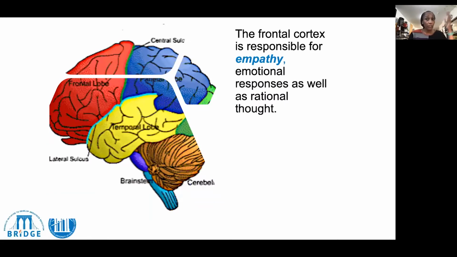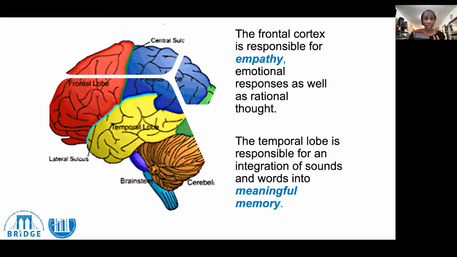The frontal cortex is responsible for empathy and emotional responses, as well as rational thought, including developing empathy and compassion for individuals who are challenged by the aging process, in terms of disability, cognition, etc.